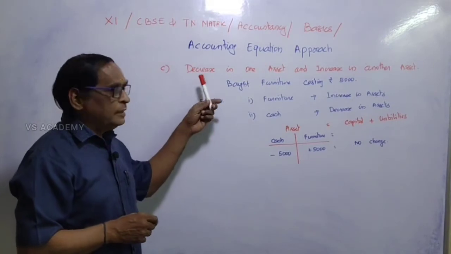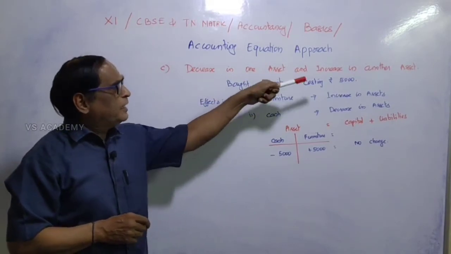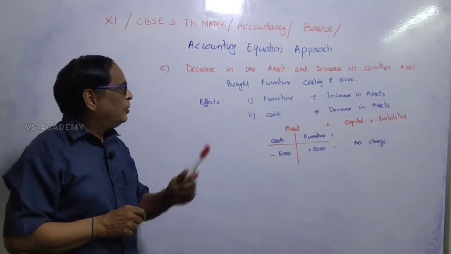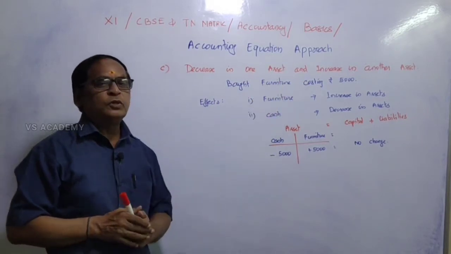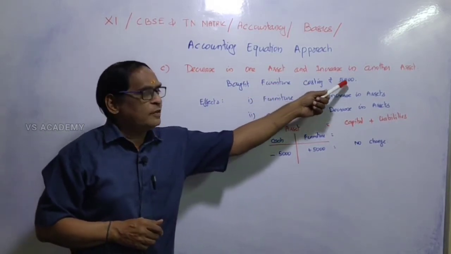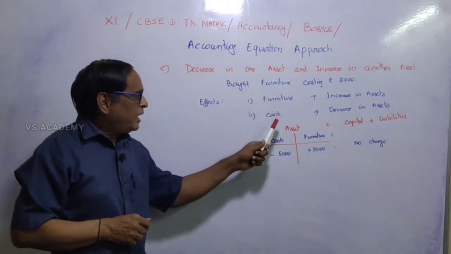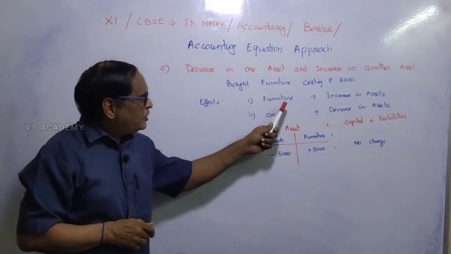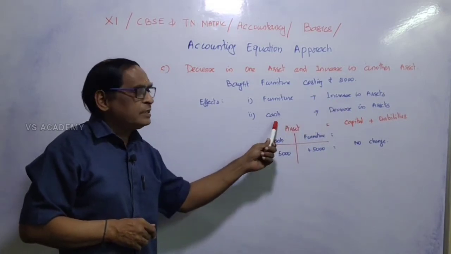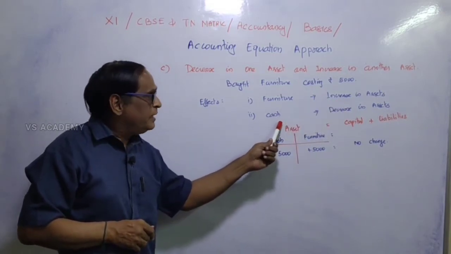In this case, decrease in one asset and increase in another asset. Bought furniture costing rupees 5,000. We are purchasing furniture to the extent of 5,000 rupees. Both are assets. Furniture is an asset, cash is also an asset. So furniture increased, but cash decreased. Our cash balance will be decreased.